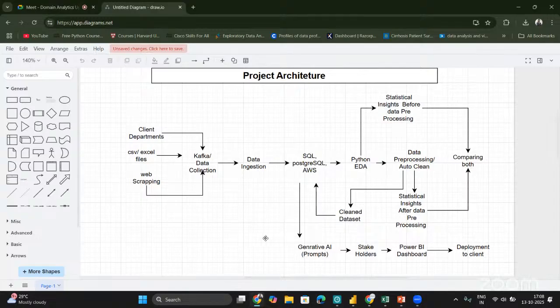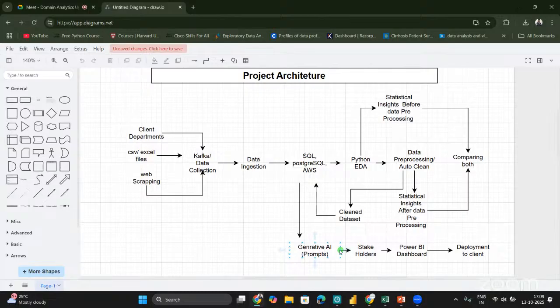Then with the help of generative AI, we have to find how many stakeholders or how many departments are there. On the basis of that, whatever their KRAs, meaning key responsibility areas, are there, and which KPIs they are monitoring, according to that we have to make different dashboards.